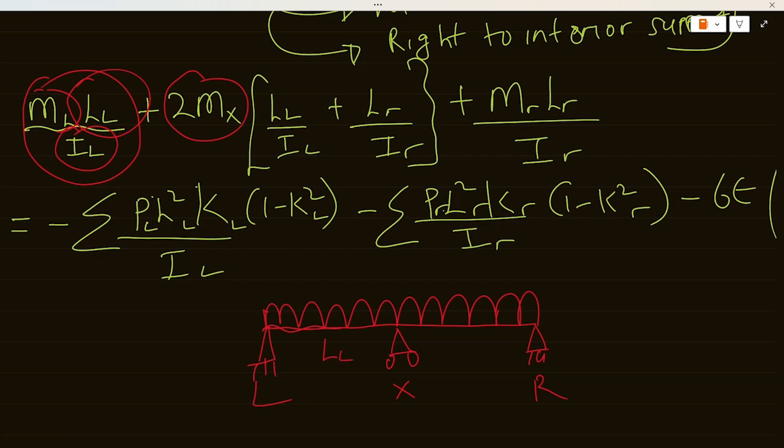So L_L is basically the length to the left of the interior support, which is this. Now L_R is the length to the right of the interior support. So it's just logic, guys. Once again, I_L is the moment of inertia in this span, that is the left side region. I_R is the moment of inertia in this span. So what I'm saying in essence is that you need three supports to be able to use the three moment equation.